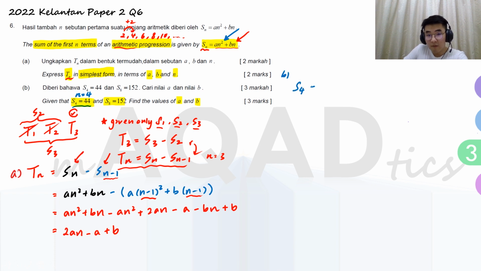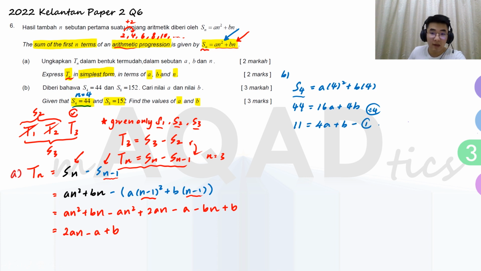Here S4 will be a4 squared plus b4, and this S4 from the clue is 44, so you can sub it here. Since all the numbers can be divided by 4, we can divide first to simplify it. So this will be our first equation.